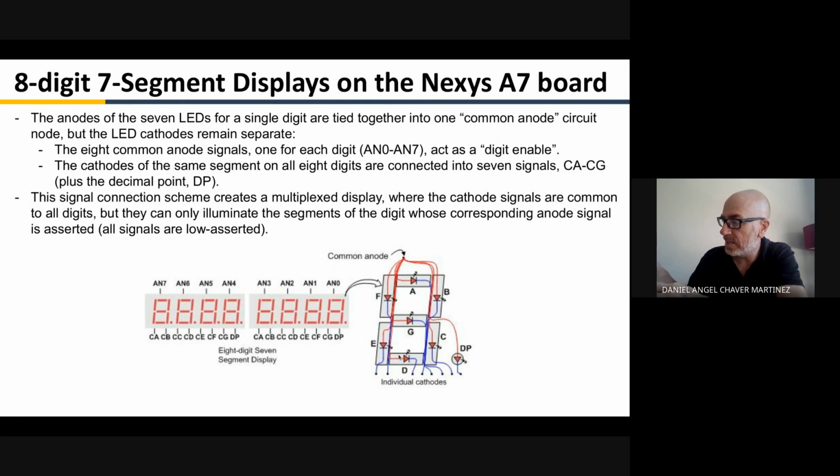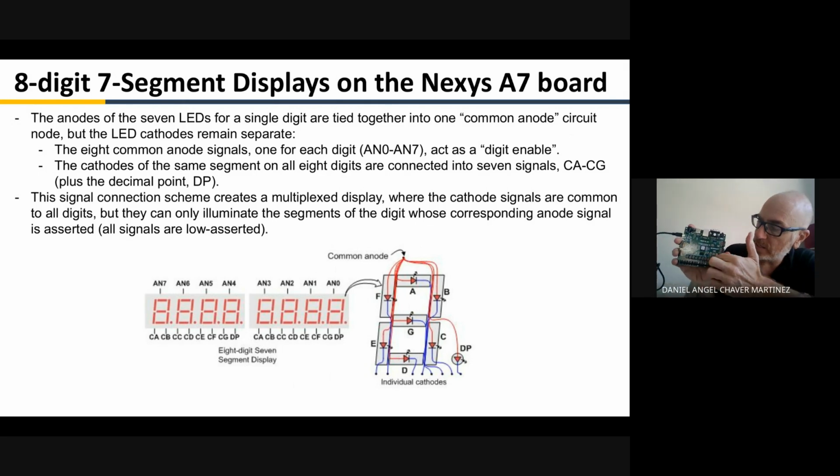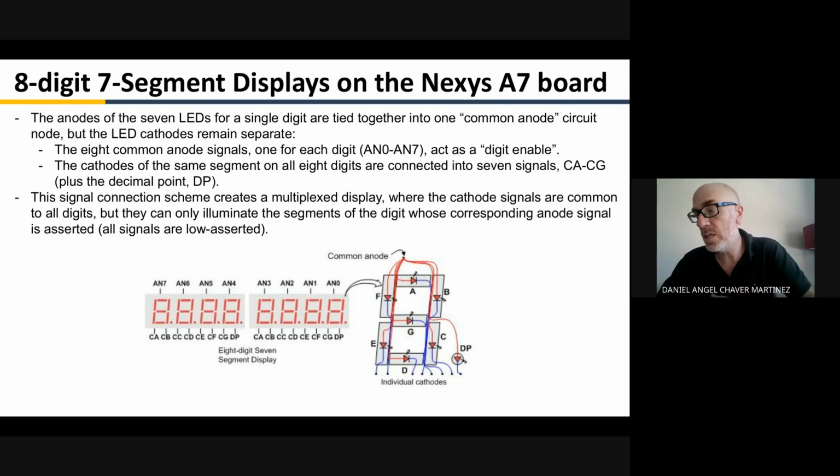Okay, the 7-segment displays are these elements that we have here, and which can also be used in the simulator. The thing is, there is a common anode. The anode controls if the digit is on or off. So there's a signal called AN0, which controls if this digit is on or off.